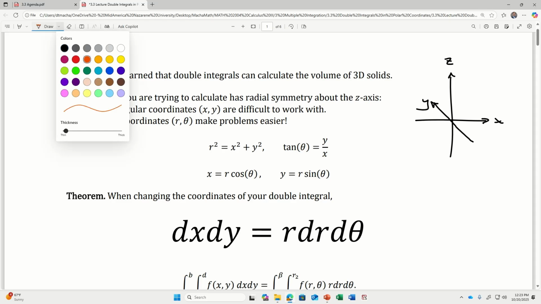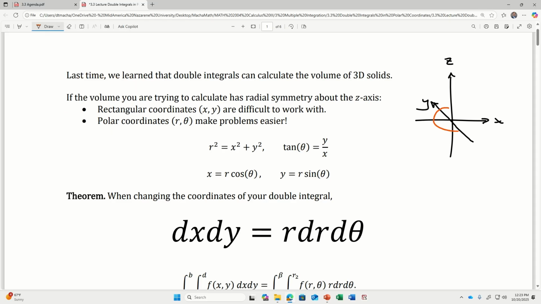If my solid has radial symmetry, meaning anywhere I look in this 360 degrees, it's always the same distance away from the z-axis, then rectangular coordinates are going to be really difficult to work with, but polar coordinates are going to make the problem a lot easier. And in fact, we're going to see there are even situations where if you don't have radial symmetry, polar coordinates could still be easier to deal with than rectangular coordinates.